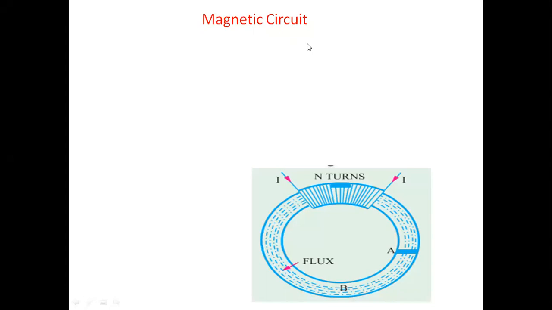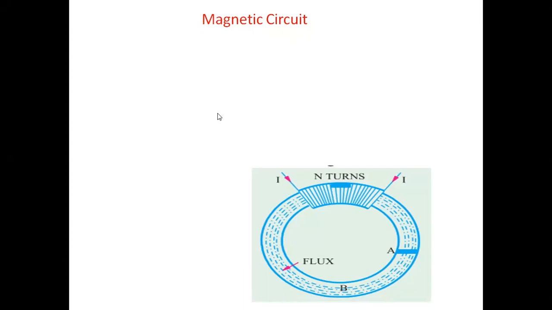In the electrical circuit we have a voltage source, resistive elements, and capacitive elements, connected in a closed loop. Then we can call it an electric circuit. There the voltage is the driving force, and the current is the movement of the electrons.